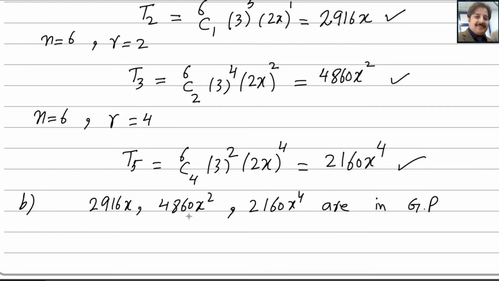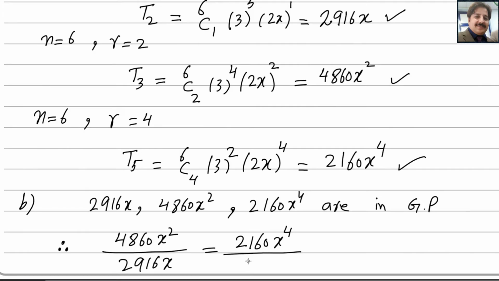We can write the second term divided by the first term and the third term divided by the second term give the common ratio, and these are always equal. So 4860x² divided by 2916x equals 2160x⁴ divided by 4860x².